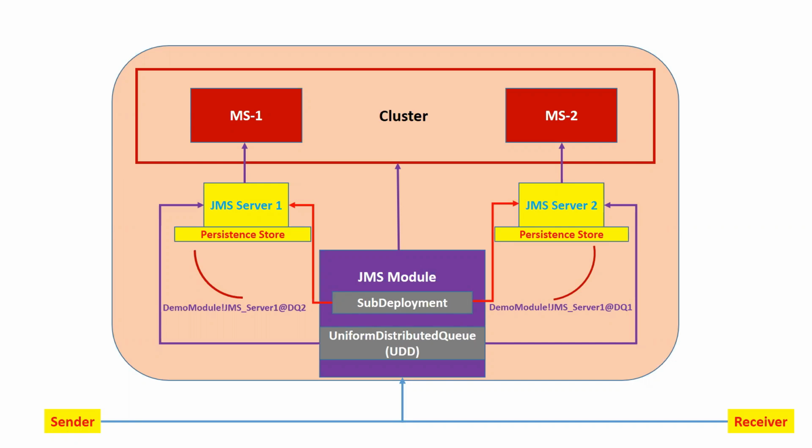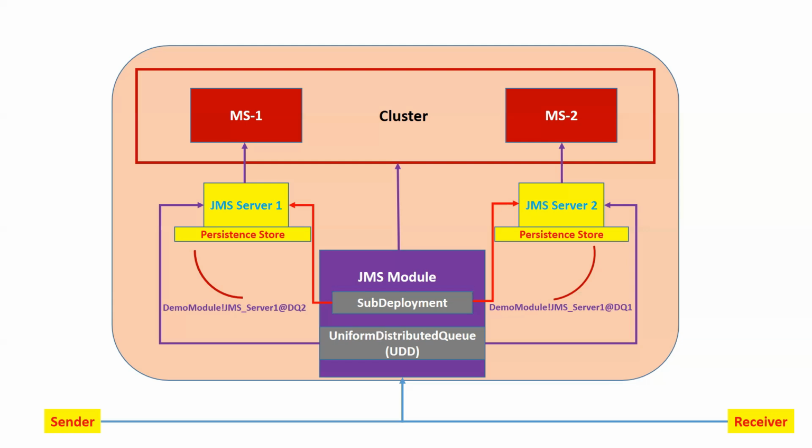Because we are going to see JMS clustering with the help of a uniform distributed queue, apart from the connection factory, we will create a uniform distributed queue that we will target to the JMS cluster. Normally, when we create a simple queue or a simple topic, it has to be targeted to only one JMS server. Just like a JMS server can be targeted to only one managed server, and one persistent store to only one JMS server, a queue can be targeted to only one JMS server.